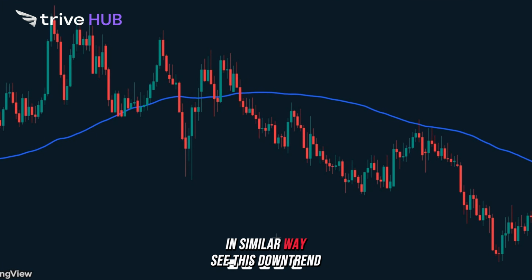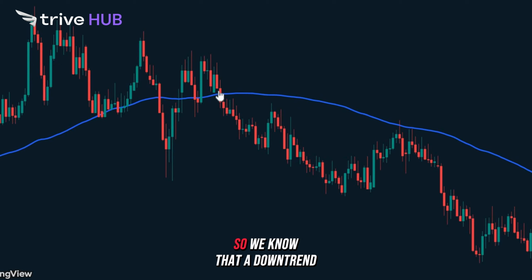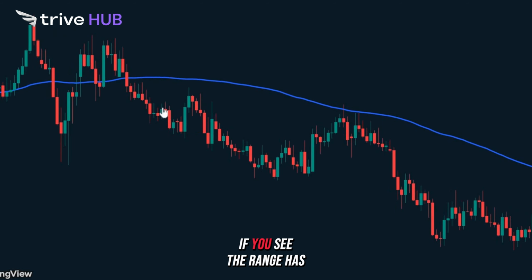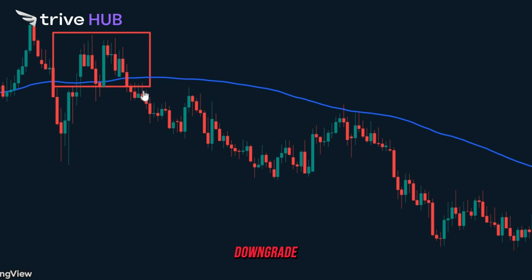In a similar way, see this downtrend. We know that a downtrend is going on, and here if you see, the range has formed in this value area while we are moving in a downtrend. So you can see the range has been a distribution range and the market fell down.